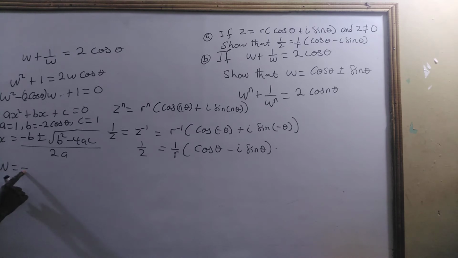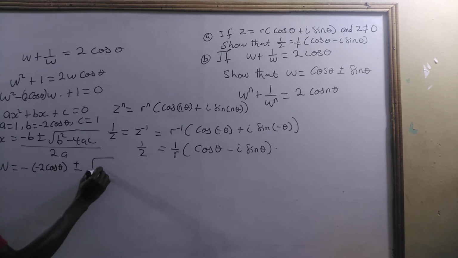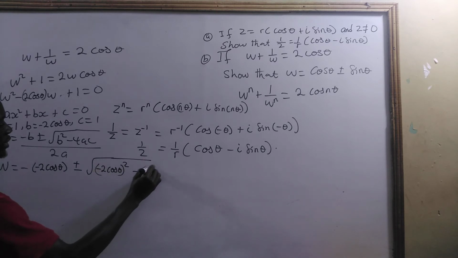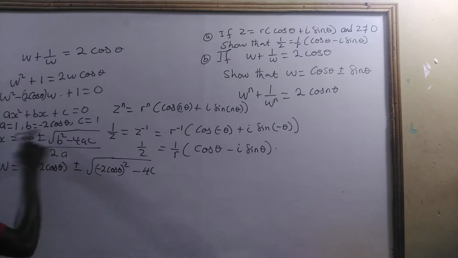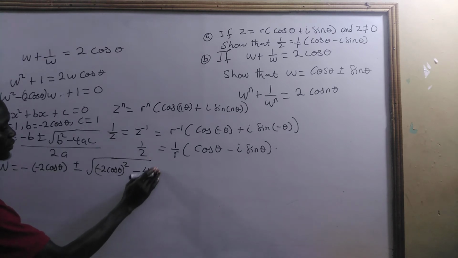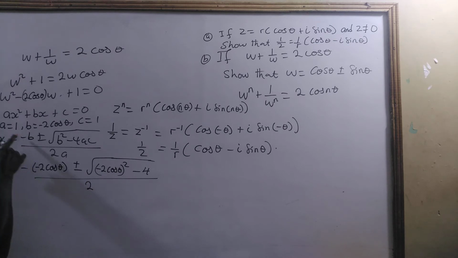So we're going to have negative into bracket negative 2 cosine of theta plus or minus square root of negative 2 cosine of theta squared minus 4 times a is 1, c is 1. So 4 times 1 times 1 is 4, all divided by 2 times a, and a is 1.